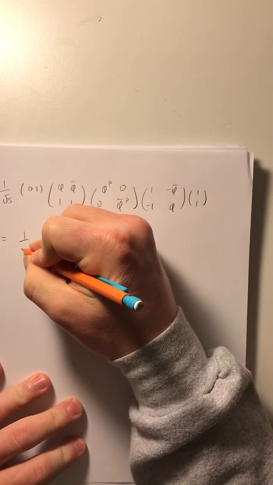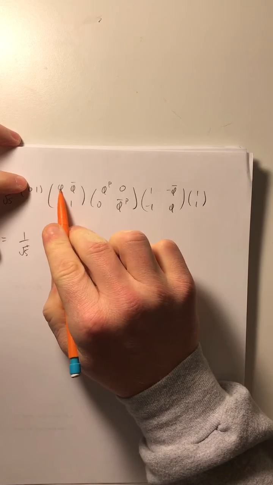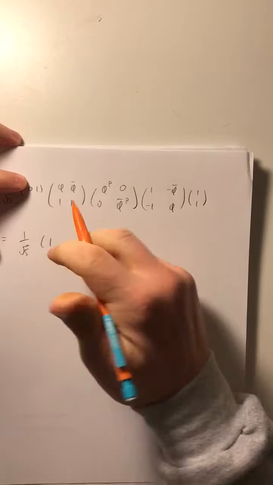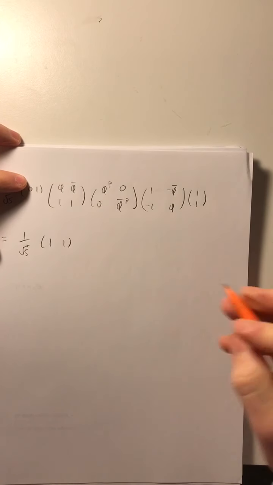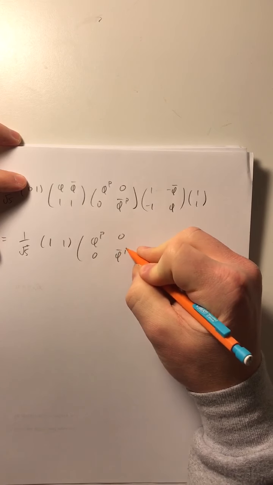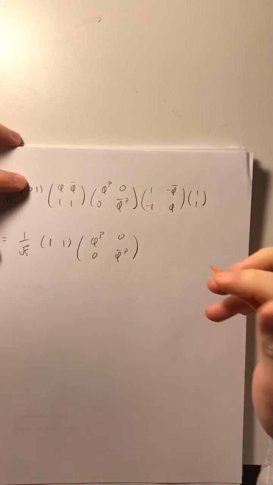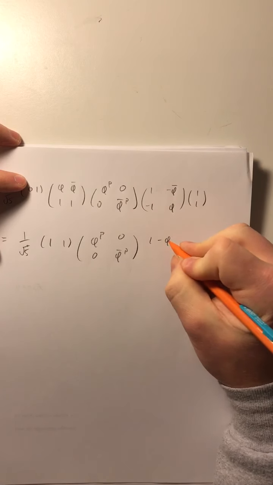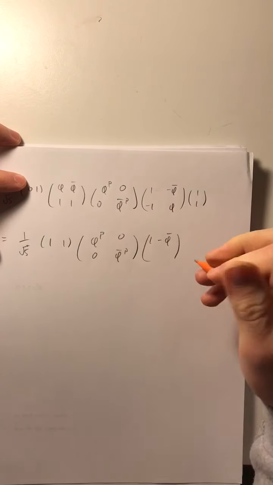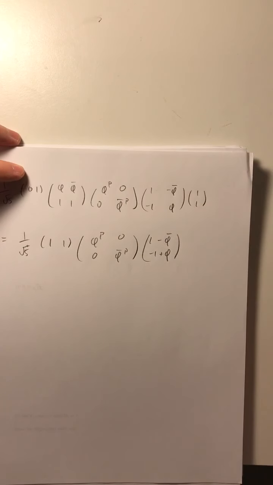So this is 1 over the square root of 5. I'm going to do this multiplication here. I get 0 times phi plus 1 times 1. I get 0 times phi bar plus 1 times 1. I'm going to do this multiplication over here. I get 1 times 1 plus negative phi bar times 1, so I get 1 minus phi bar. Negative 1 times 1 plus 1 times phi times 1, I get negative 1 plus phi.